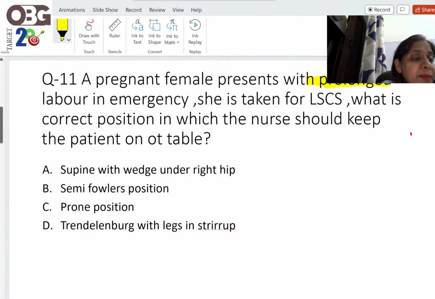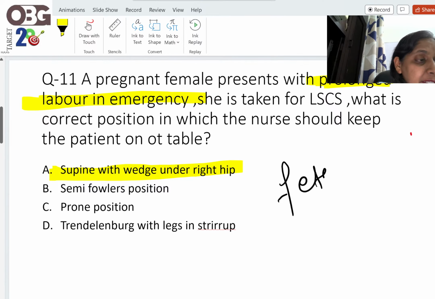The patient had prolonged labor and was an emergency. The answer is supine with wedge under right hip, because this is a condition in which fetal distress is very less.